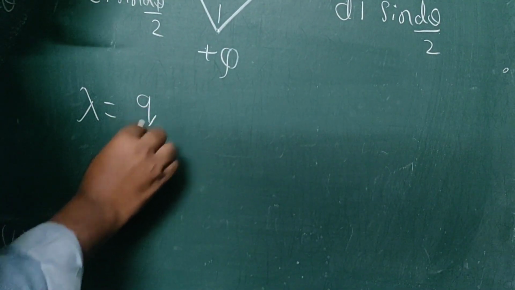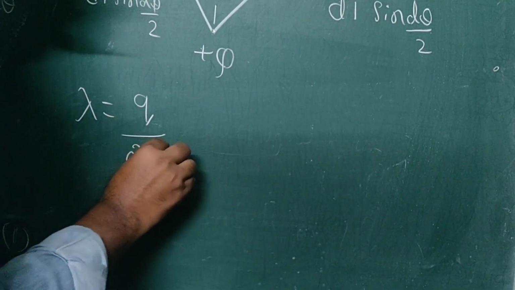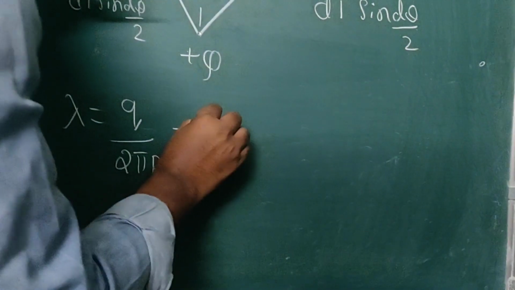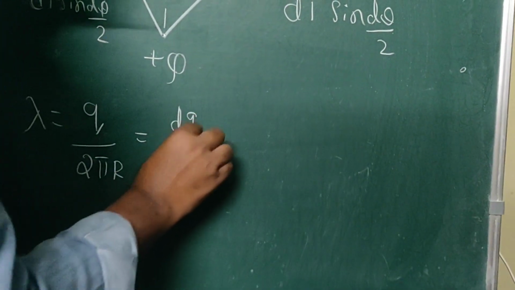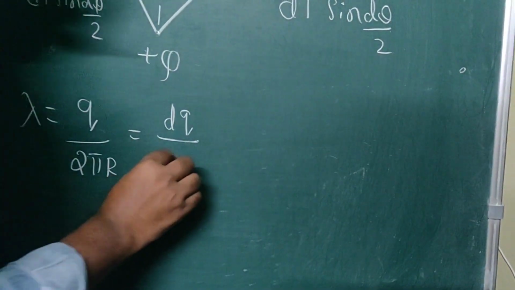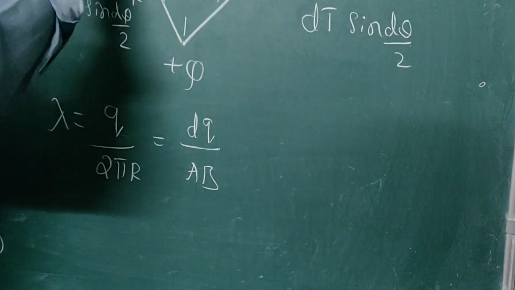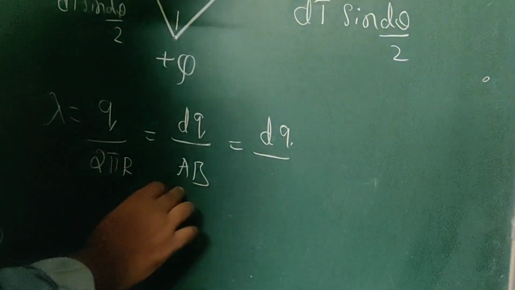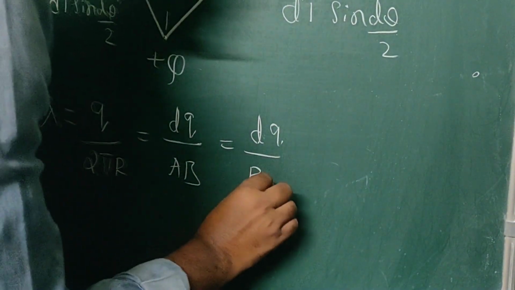Total charge on the ring is q and total length of the ring is 2 pi r, the length of the circumference. This is also equal to the charge on the small part of the ring upon the length of the small part AB. The length AB can be written as r d theta.